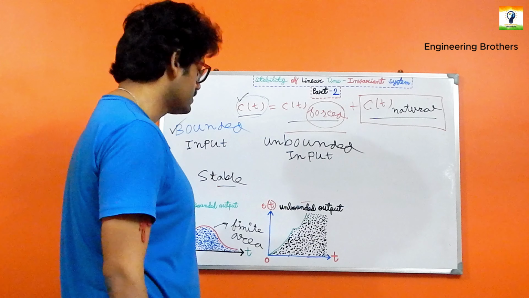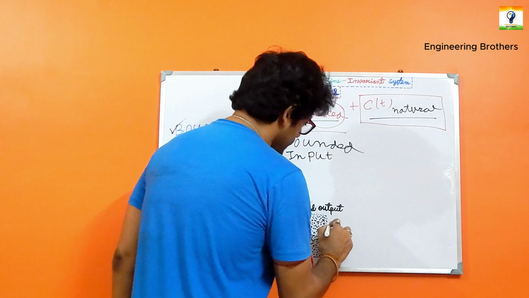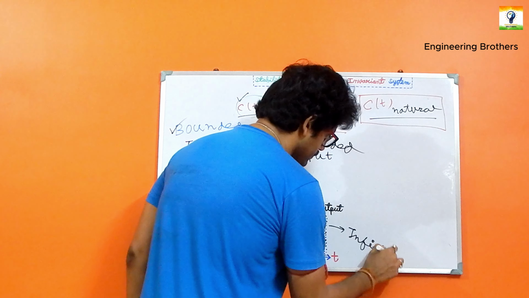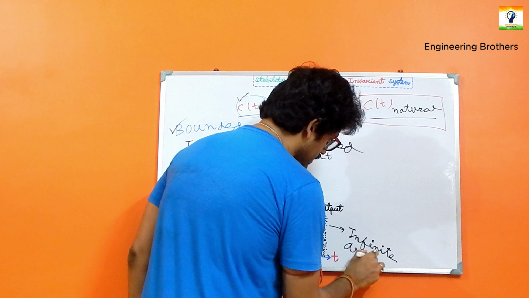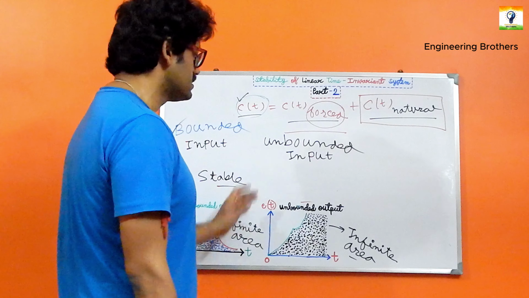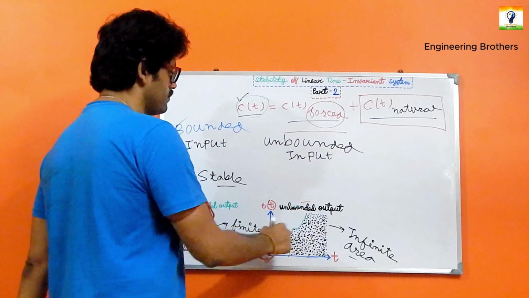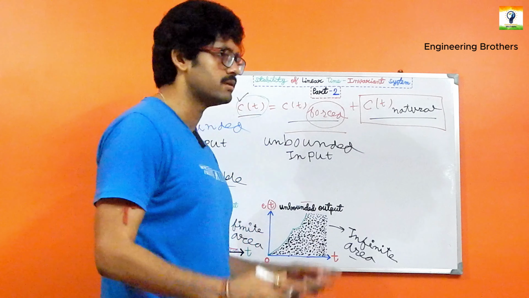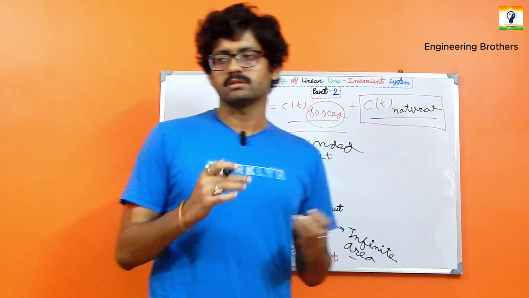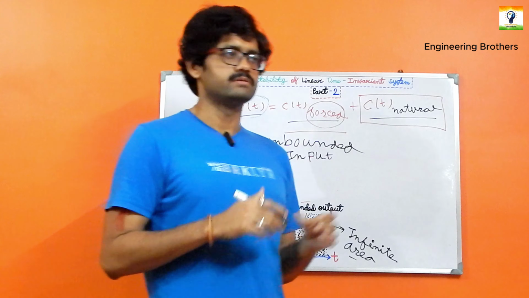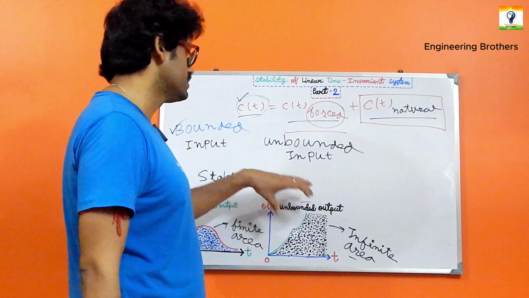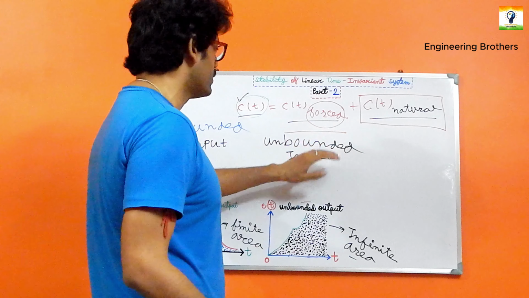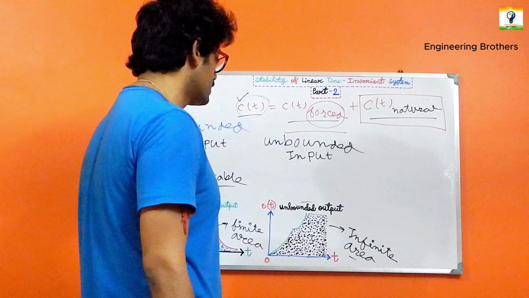We cannot define this area; I can say that the area is infinite. Because of this infinite nature of the output waveform, we can say that the output is unbounded, or we cannot establish the value of this output. And as we are applying the unbounded input, we have an unbounded output.